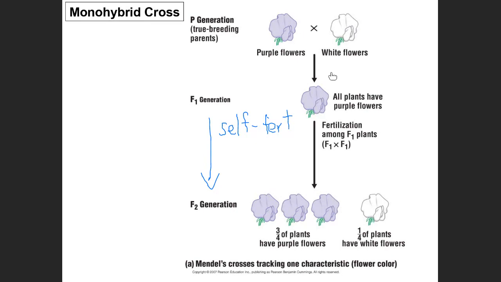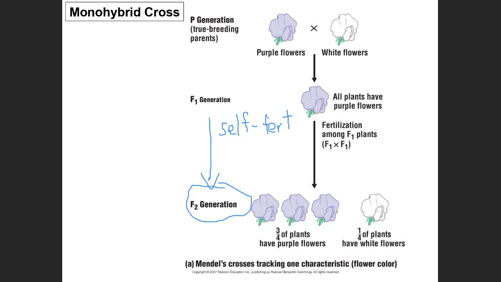So to answer his question, he separated each of the F1 generation offspring from each other and allowed them to self-fertilize and produce the next generation of offspring called the F2 generation.